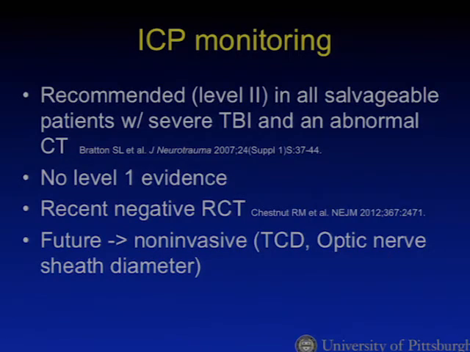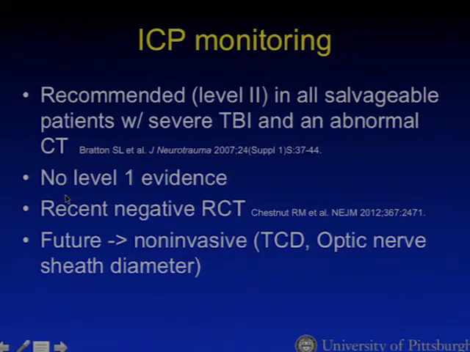Now, there is considerable controversy regarding the appropriateness of ICP monitoring in general and in severe brain trauma patients, with the most recent guidelines coming out in 2007 listing invasive ICP measurement as a level 2 recommendation in all salvageable patients with severe TBI, defined as a GCS of 3 to 8, who have an abnormal CT scan.